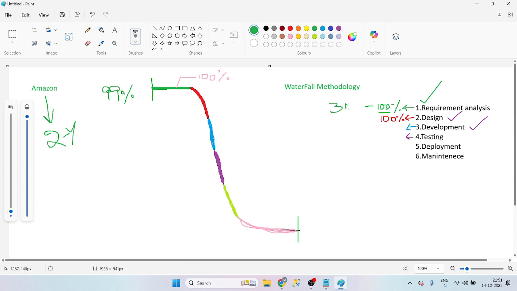Now Pratik, just tell me who is getting the salary here. Everyone, I think: BA, architect, developer, everybody is getting salary. See, in the requirements phase only the BA is working, no one else is working, right?